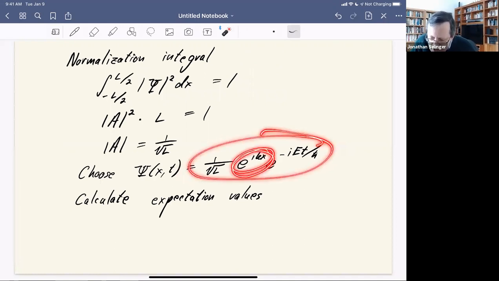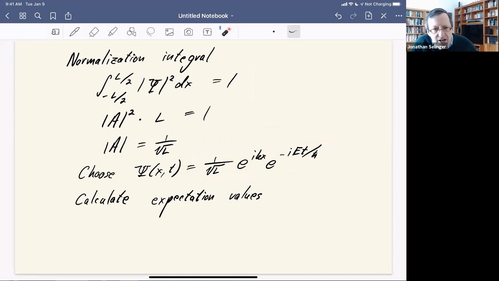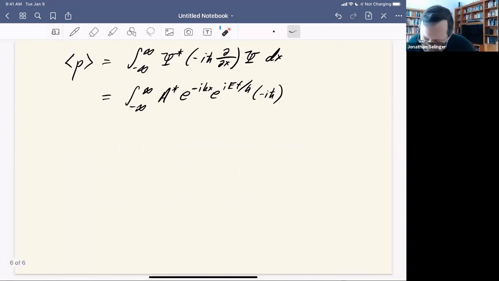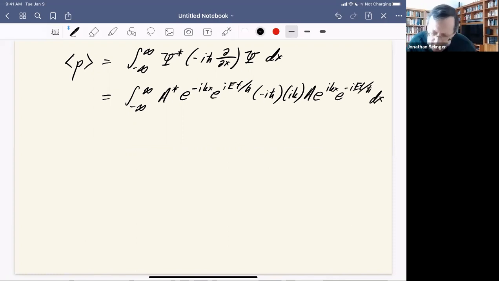The only thing that depends on x is in this complex exponential, right? So the derivative with respect to x is actually pretty easy. It's just ik times the function. So this brings down a factor of ik, and then it's all the stuff in the original function, e to the ikx, e to the minus i energy t over h bar, integrated dx.